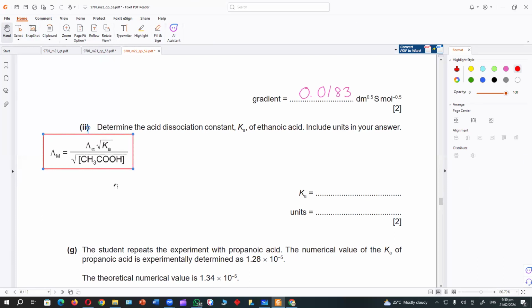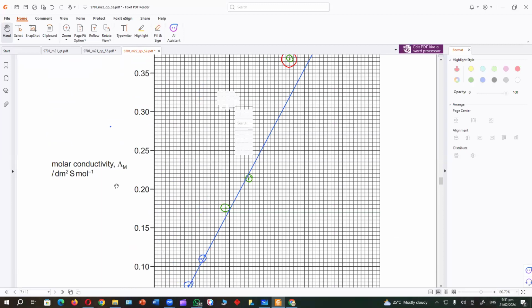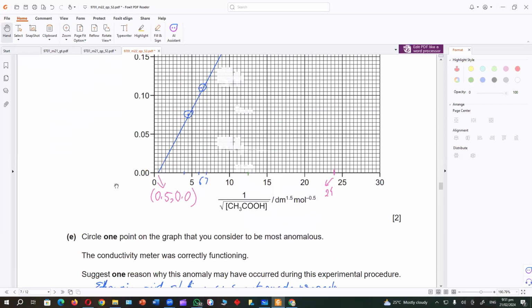Now this is the equation. So what I was thinking is that if I can rearrange it and see what gradient is there, my graph was plotted against molar conductivity, this inverted Vm upon this.